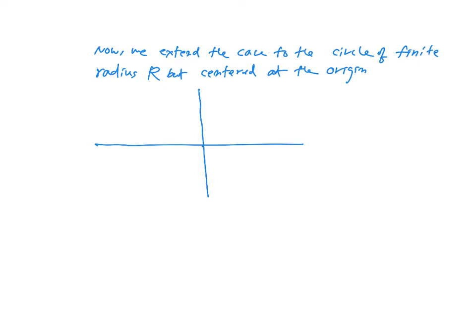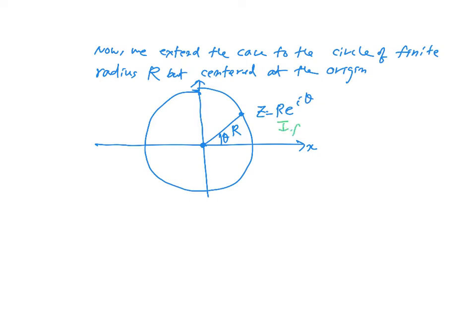So this is r, x, y. This is theta, so c is r exponent theta. But this r is fixed. So what is the result?